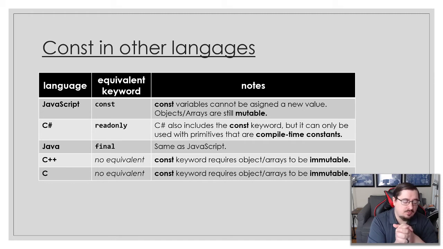But saying that these objects have to be immutable actually created a lot of headaches for developers. You might think, okay, I should make that immutable, but as it turns out, what we found out with C++ and C is that it created many more headaches than it was worth, which is why most modern languages, when they have a const keyword or such, don't have that requirement for immutability that used to exist in C and C++, because it created a lot of problems.